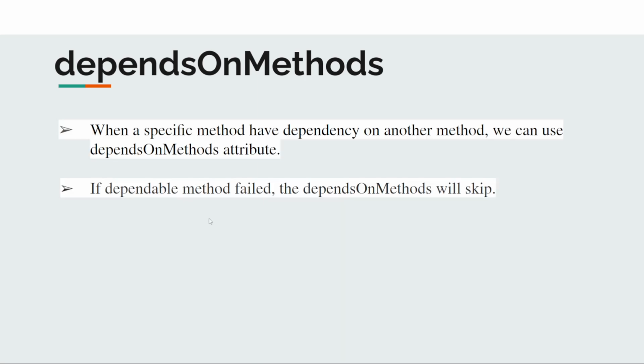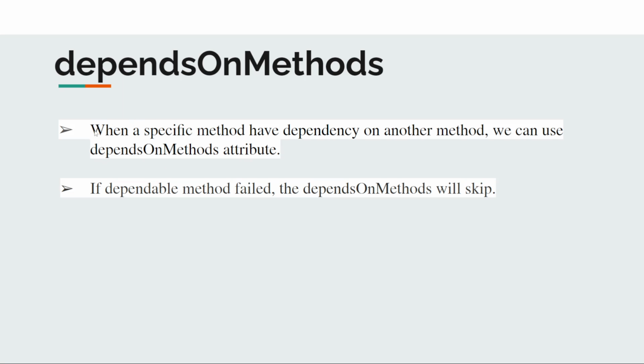In this lecture, we're going to cover dependsOnMethods as well as alwaysRun. So what is dependsOn? It's the use case when a specific method has a dependency on another method; we can use the dependsOn attribute.